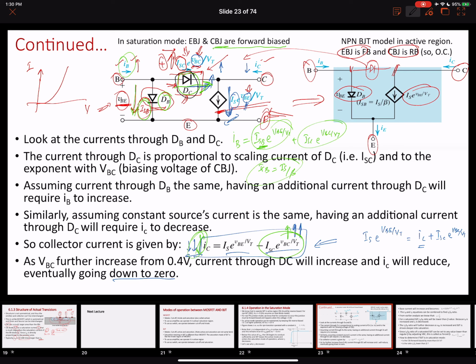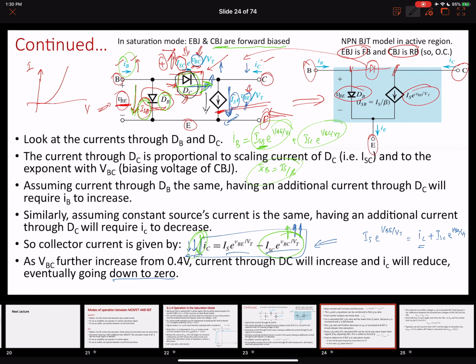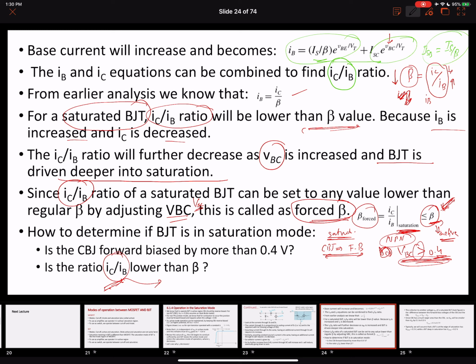And in order to have the same current flowing through this branch, our collector current needs to decrease. So the overall effect is that our collector current is decreasing and our base current is increasing, and this makes the beta value in the saturation mode smaller.